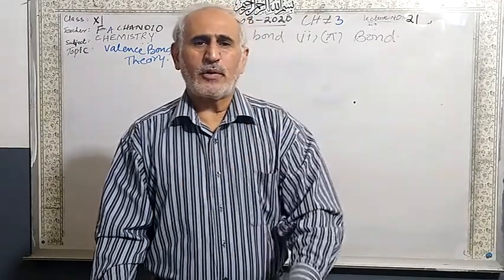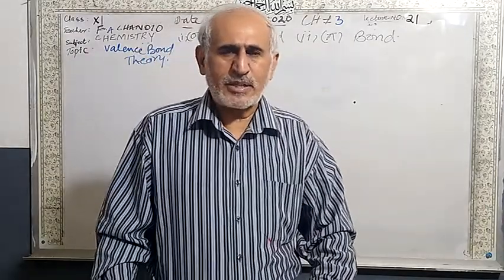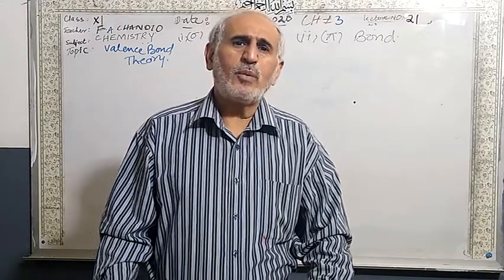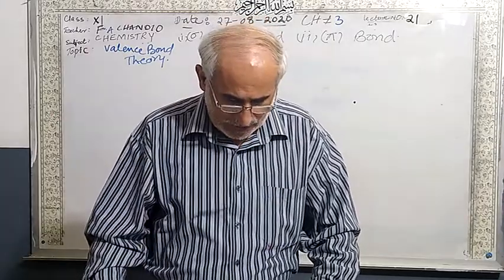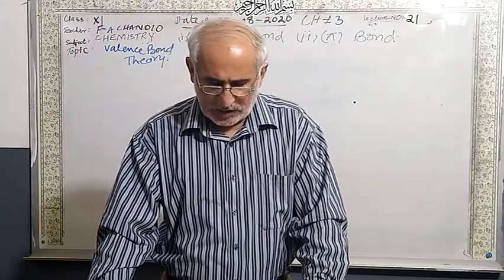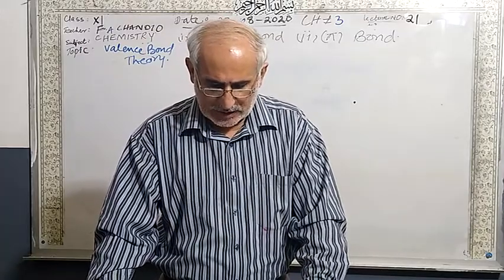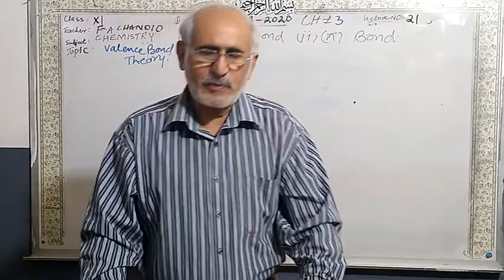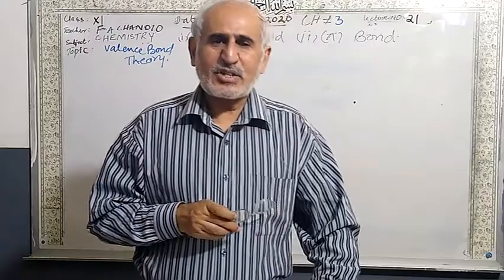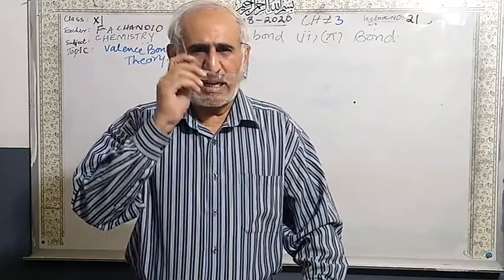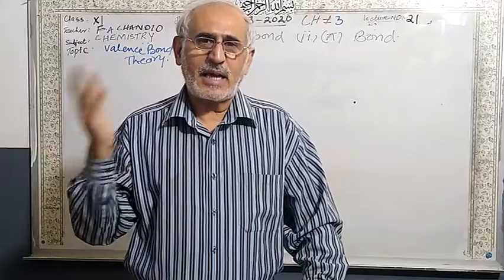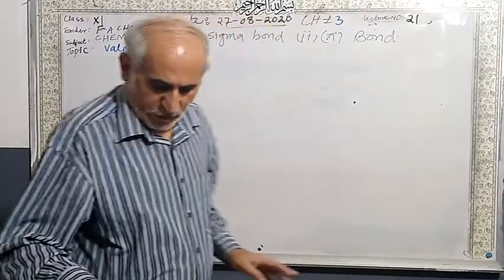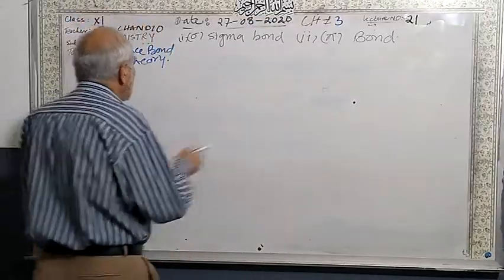The first bond formed between two atoms, similar or maybe dissimilar, is called a sigma bond. The first bond formed between two partially filled atomic orbitals is called a single bond, and there is a straight overlapping between them. There will be a straight overlapping between S and S, S and P, and P and P.